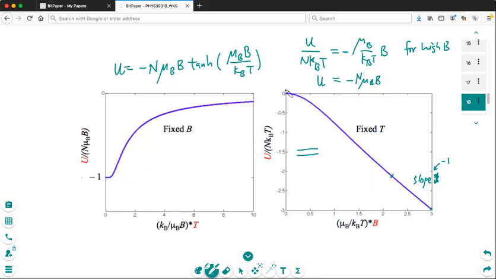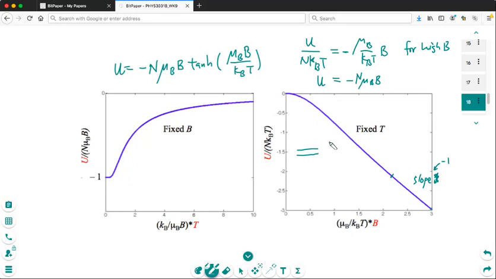In this region, you are talking about a field which is much smaller than kBT. So you really have the same situation as before. The field, mu B, is much smaller than kBT, so the thermal energy is much larger than the spacing between the energy levels. So they should be equally populated, and you start from 0.